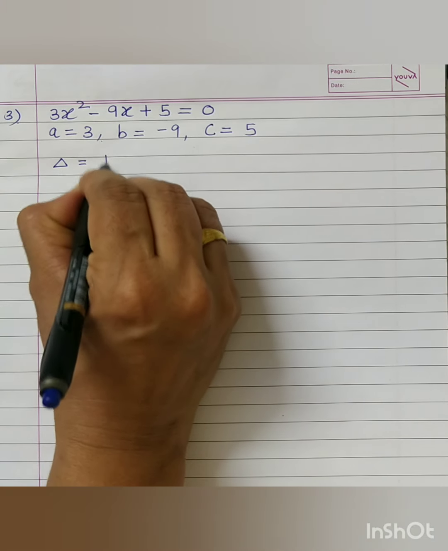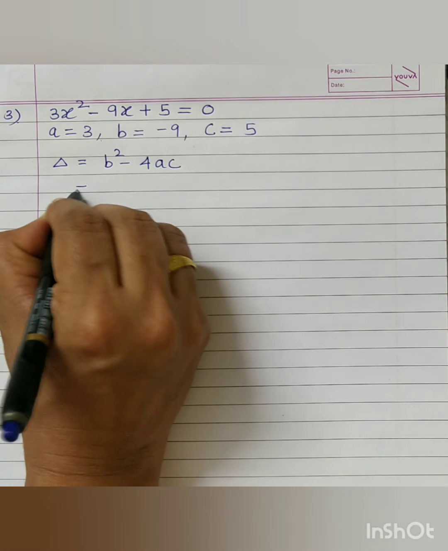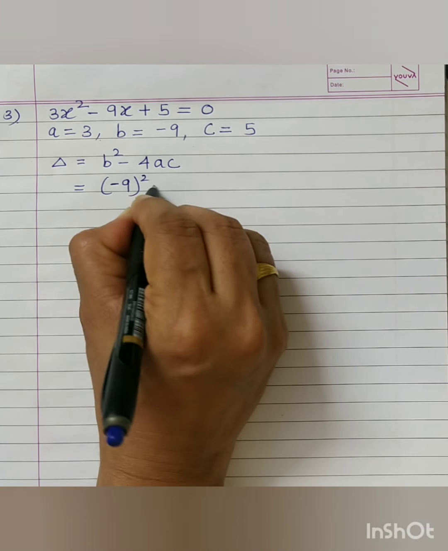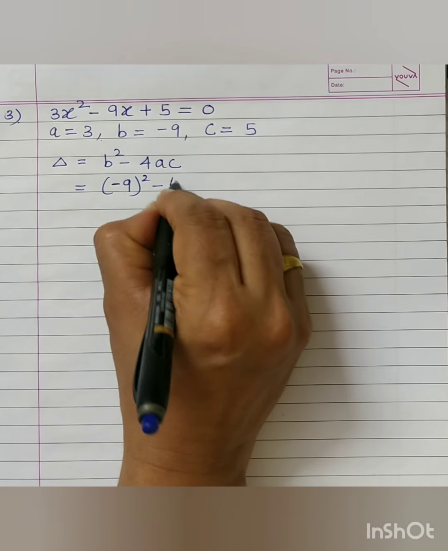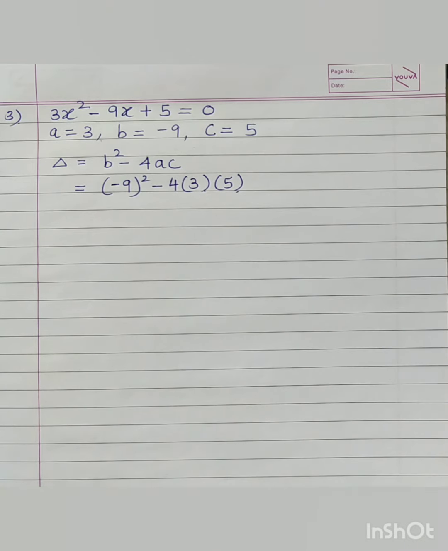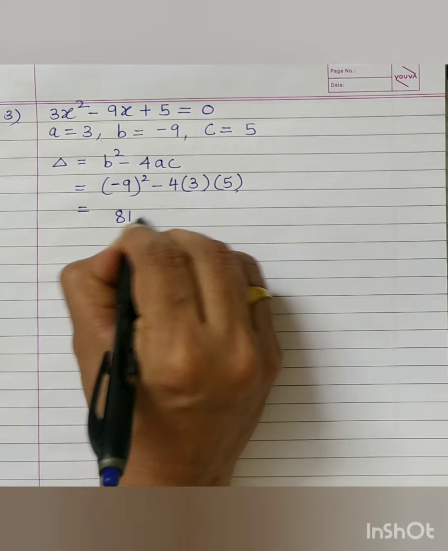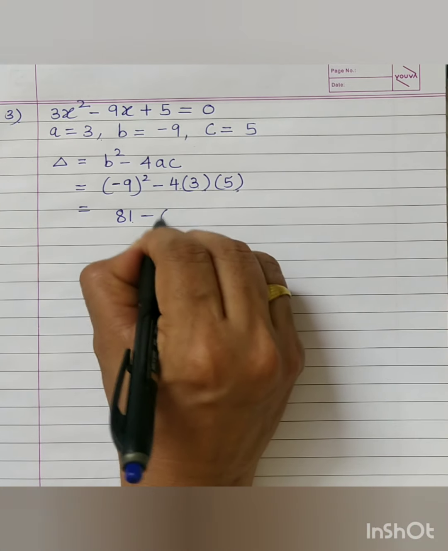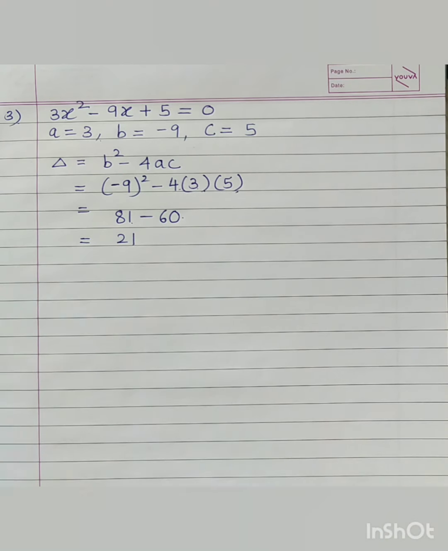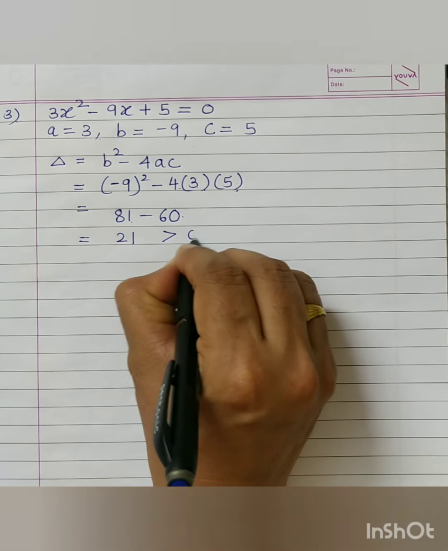Therefore, delta, which is b square minus 4ac, will give you minus 9 square minus 4ac. What is minus 9 square? 81. Minus 4 3s are 12, 5s are 60. What is the value here? 21. So 21 is greater than 0.